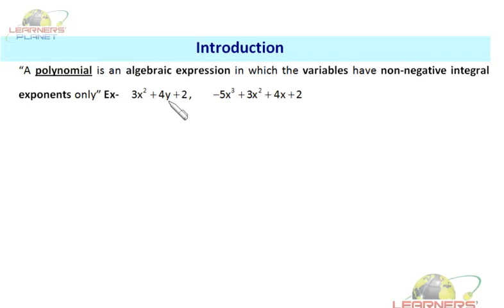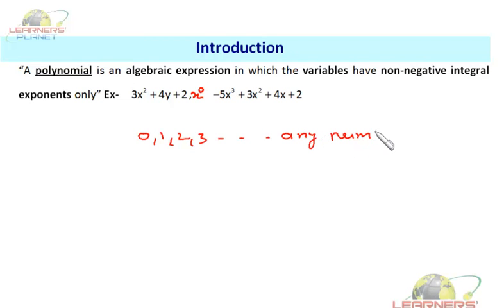Similarly, y is having power 1 and 2 is having power 0. So the variable should have powers as non-negative integral values. It may be 0, 1, 2, 3 or any number.